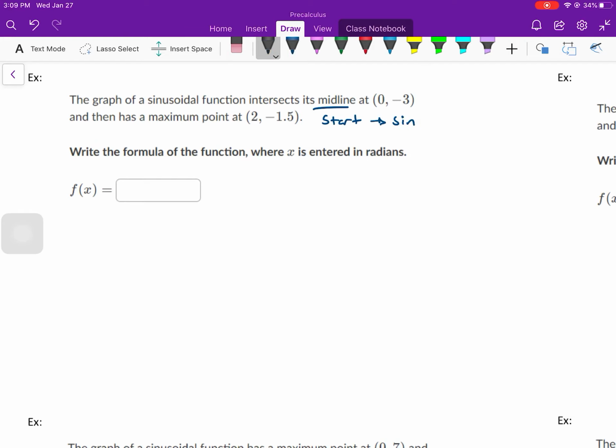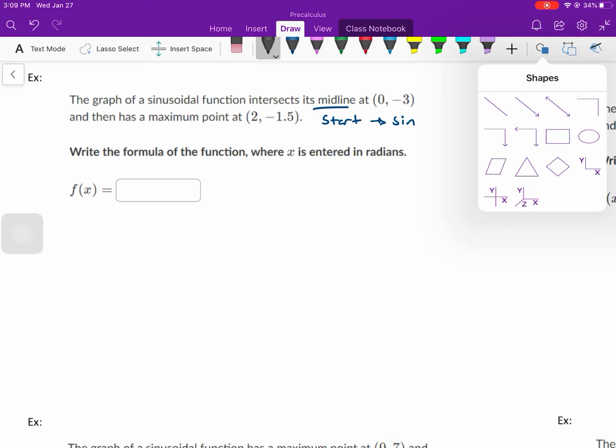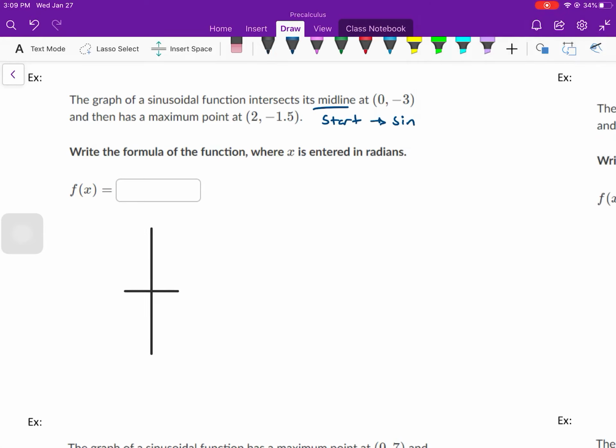So if I were to plot this point on a coordinate plane, we're starting at 0, -3. So that's our start, and that's the midline.